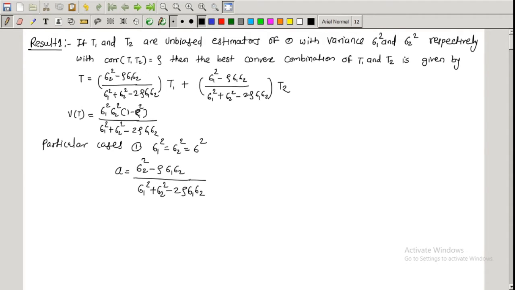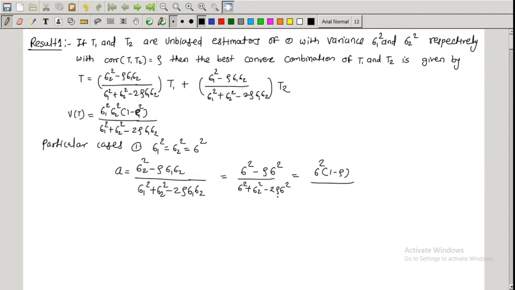If I replace sigma 1 and sigma 2 by sigma, I get sigma square minus rho sigma square divided by sigma square plus sigma square minus 2 times rho sigma square. If I take sigma square common, what remains in the numerator is sigma square into 1 minus rho.